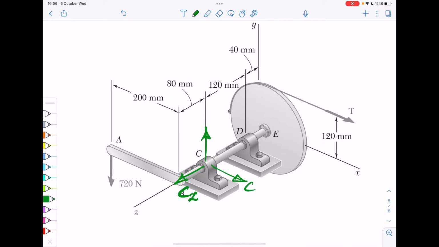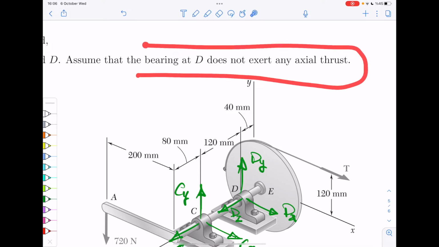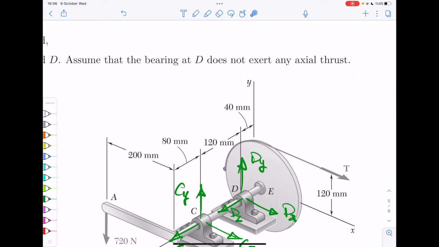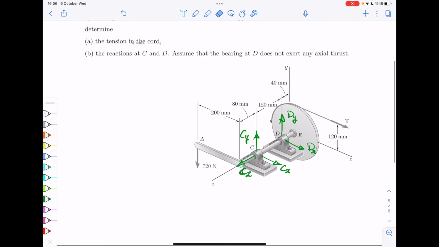There is CX, CY, so 3 components from C and 3 components from D. Again, dx, dy. But dz, the problem tells you it is 0. So the bearing at D does not exert any axial thrust, so we can omit that. So this is the system we have.